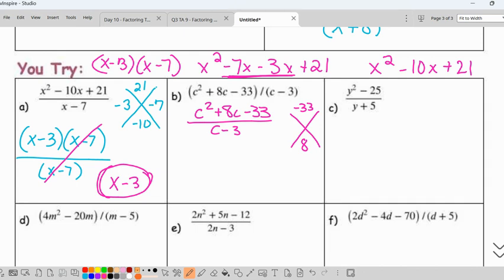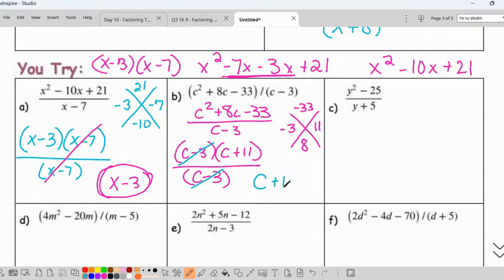My factors of negative 33 would be 1 and 33, but also 3 and 11, where the 3 would be negative, 11 would be positive, and that would add up to a positive 8. My factors on the top are c minus 3 and c plus 11. My denominator was c minus 3, which is the polynomial that they have in common. So we'll cross that out, and we're left with c plus 11 as our final answer.